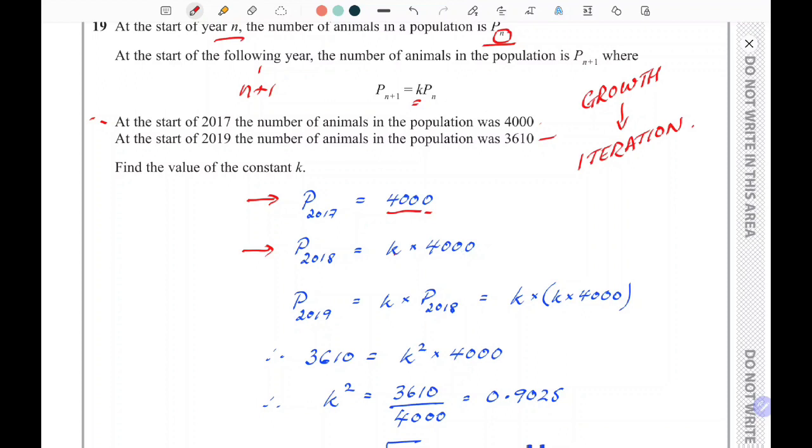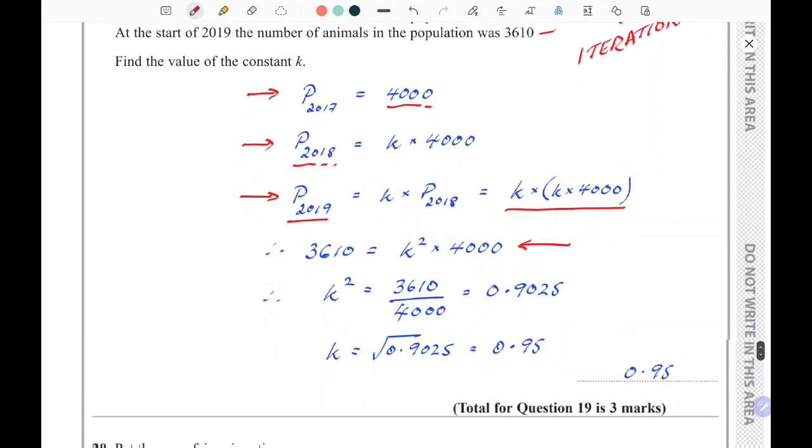And then 2019 is whatever P2018 was times k again. So that tells us that P2019 was k times k times 4,000, so basically k squared times 4,000, as you can see there.